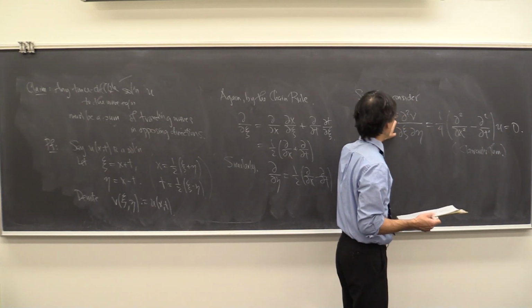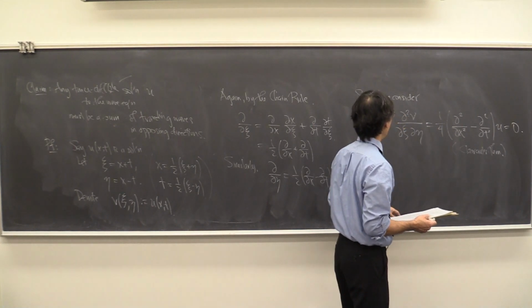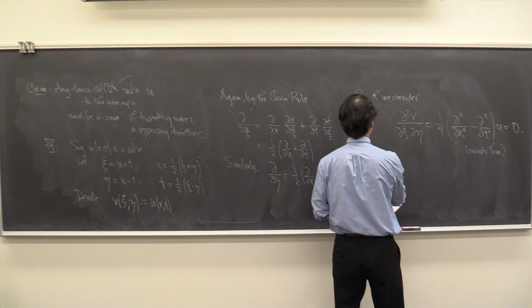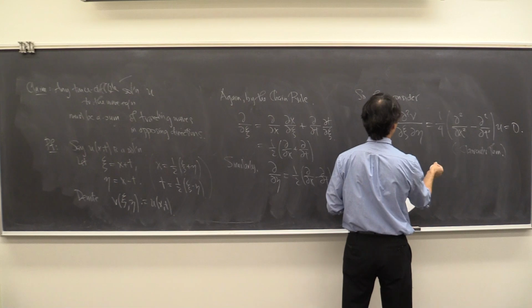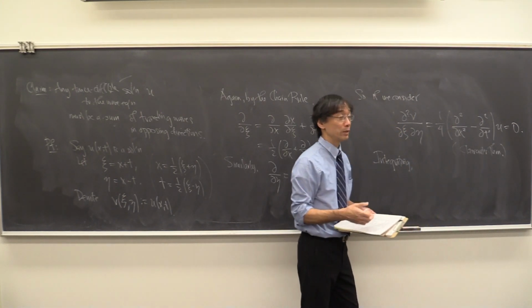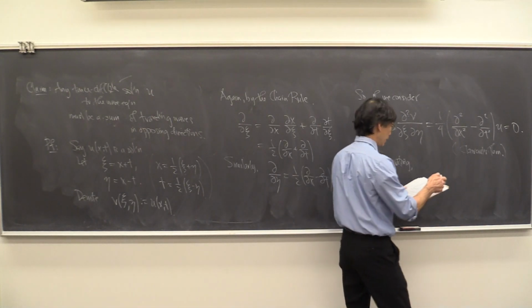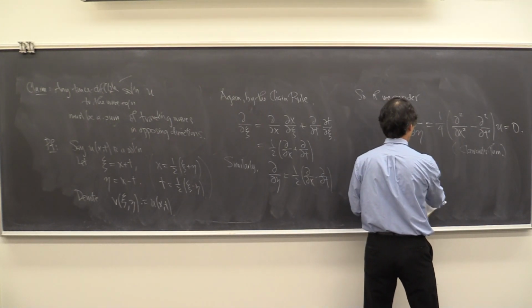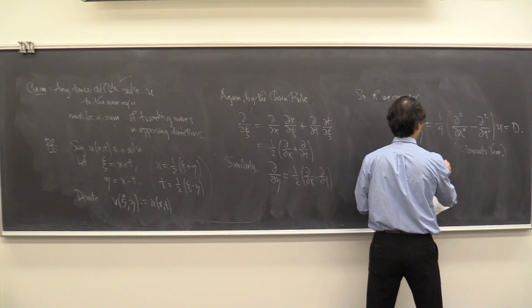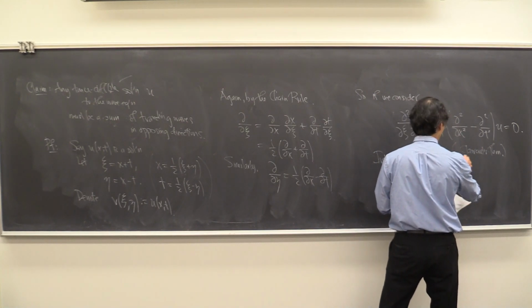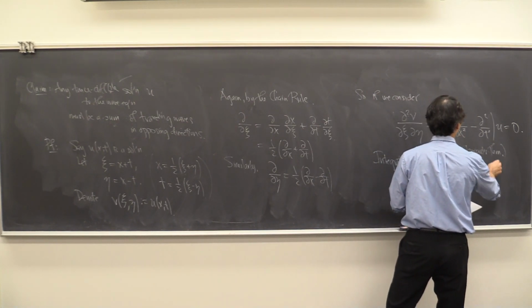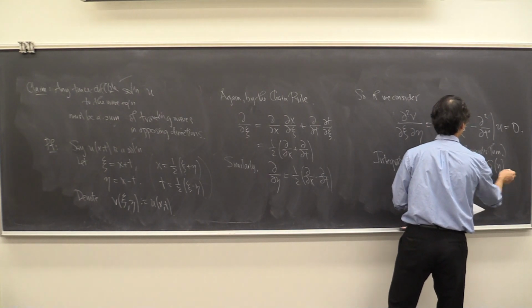That this is going to be 0, and so when you integrate it, first you integrate with respect to eta and then to xi, or in either direction, in either case what you end up with is that v of xi, eta is some function of eta plus some function of xi. Sorry, I said it backwards.